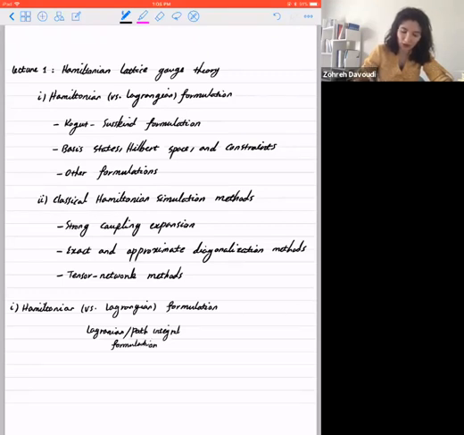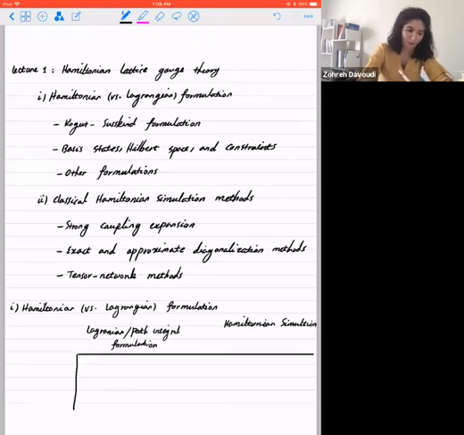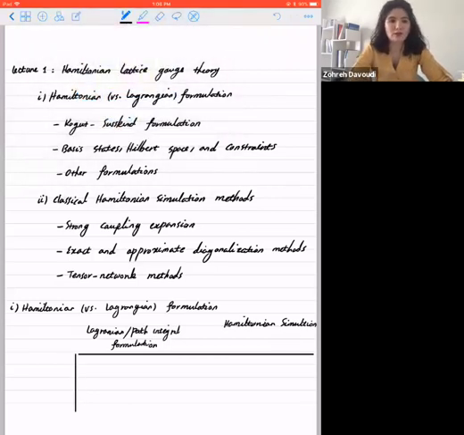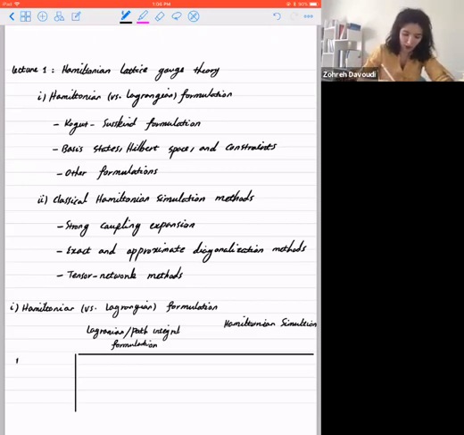And let me also have a column that I call Hamiltonian simulation in short. All right. So what are some of the properties? Well, first of all, we have to identify the degrees of freedom in each of these formulations.